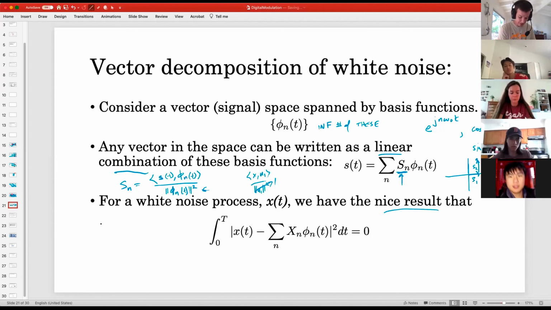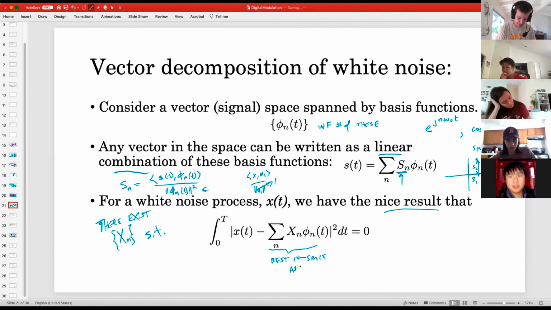Then there exist these capital X sub n's such that if I look at the area under the square of the difference between, this is our best in-space approximation.